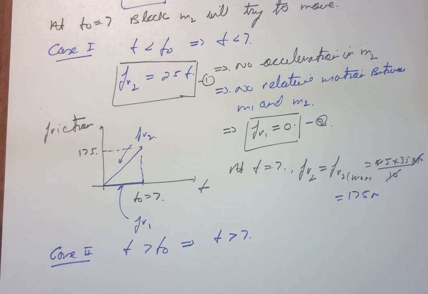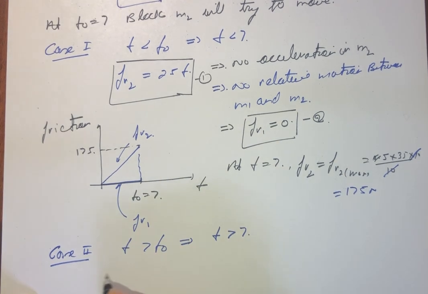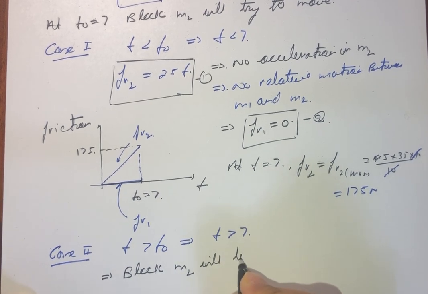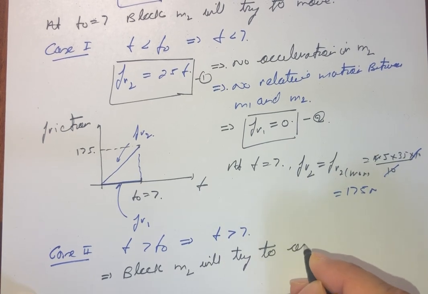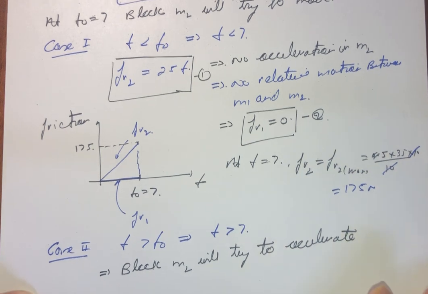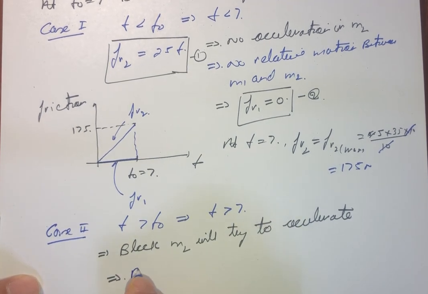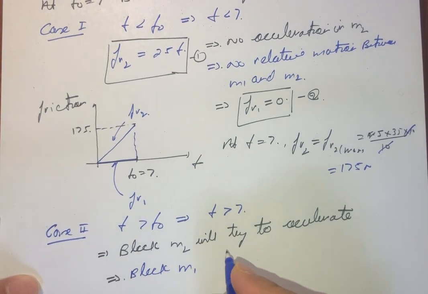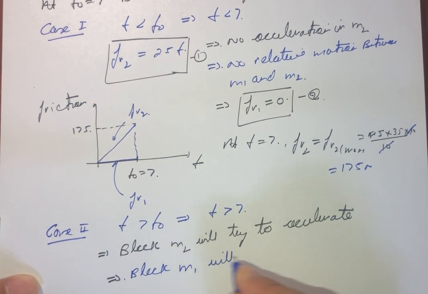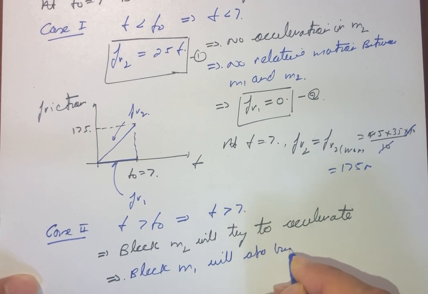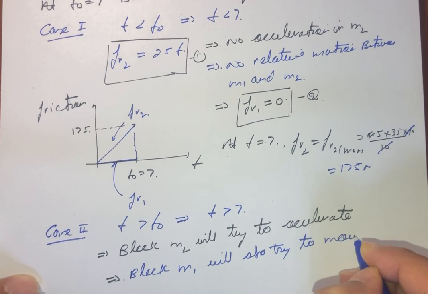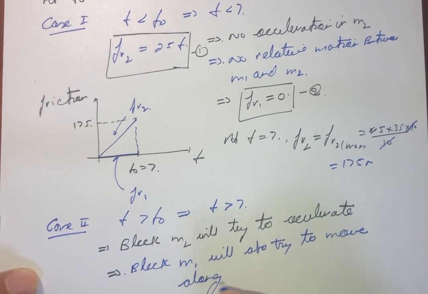Under this condition, block M2 will try to accelerate, and block M1 will also try to move along with M2.